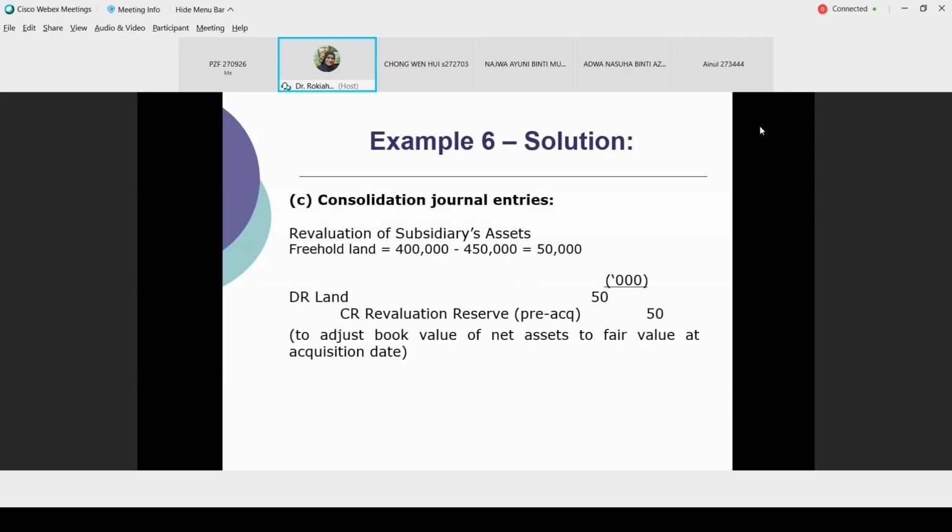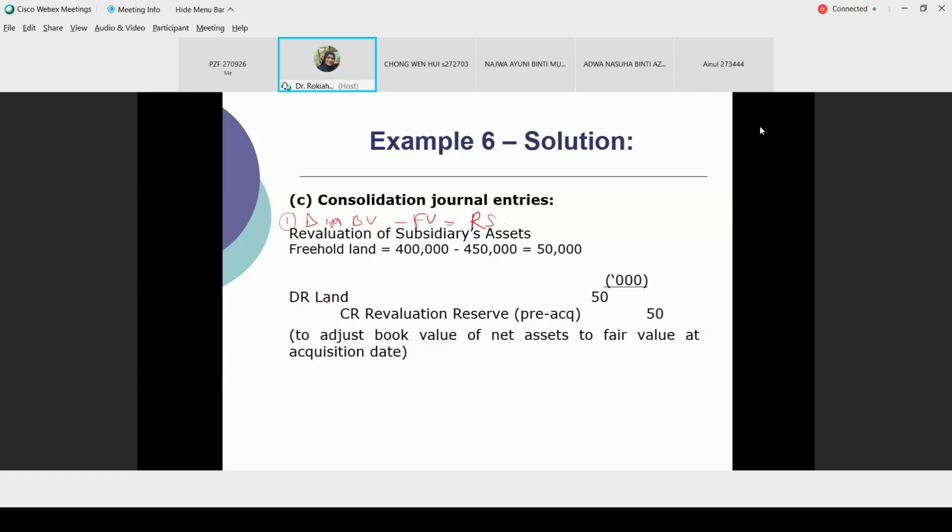For the consolidation journal entry, the first one we need to prepare is to recognize the change in book value to fair value. So we're going to create a revaluation surplus. The revaluation surplus, or revaluation reserve, here is the increase in the value of land.